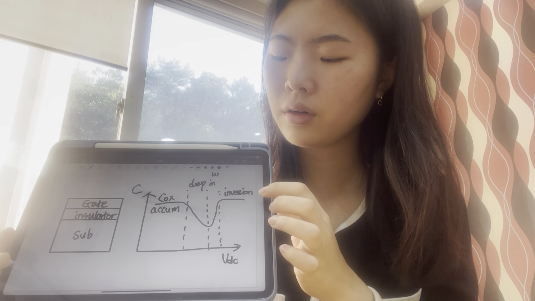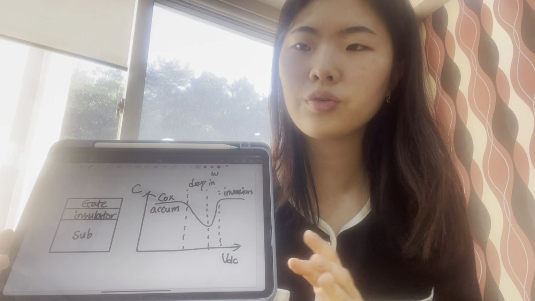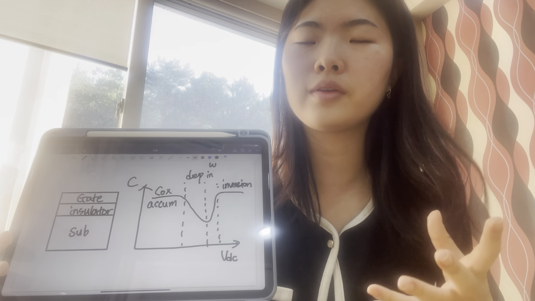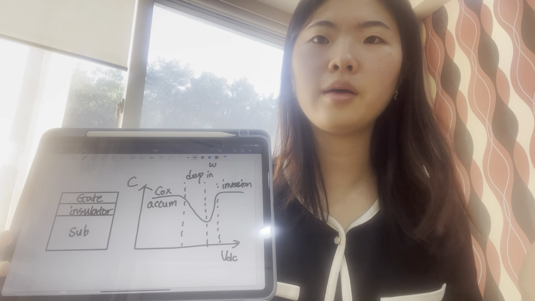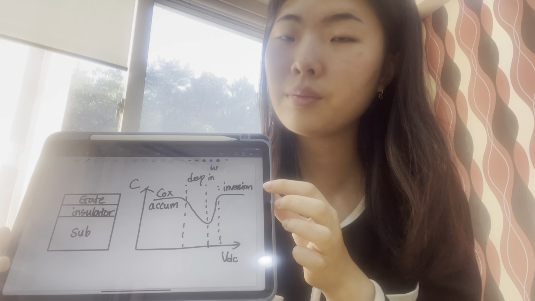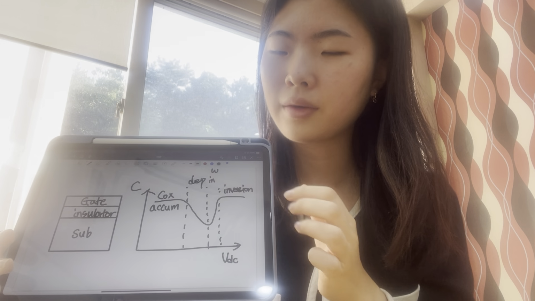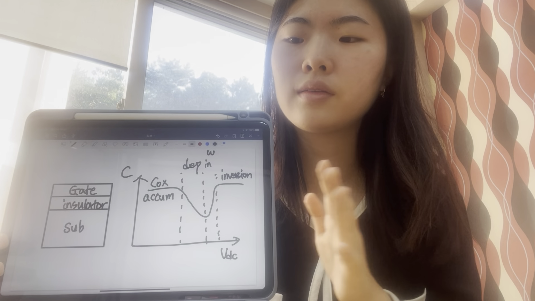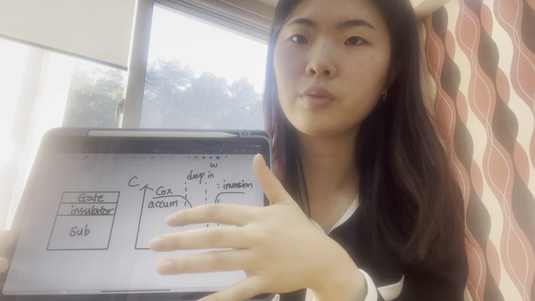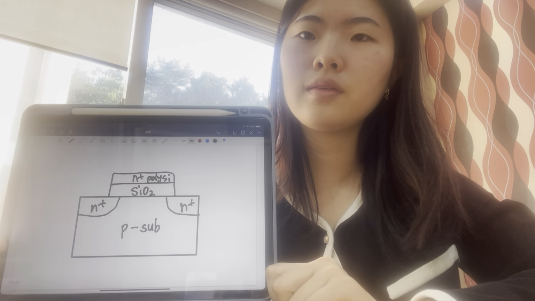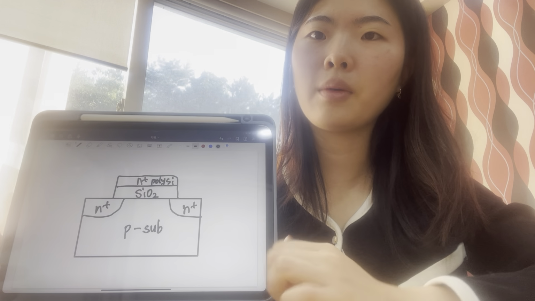Eventually the characteristic of the capacitor changed to the opposite, like P-type to N-type. So this means the inversion. So after inversion, the capacitance is the same as before in the accumulation state. So this is the basic concept of MOSFET.